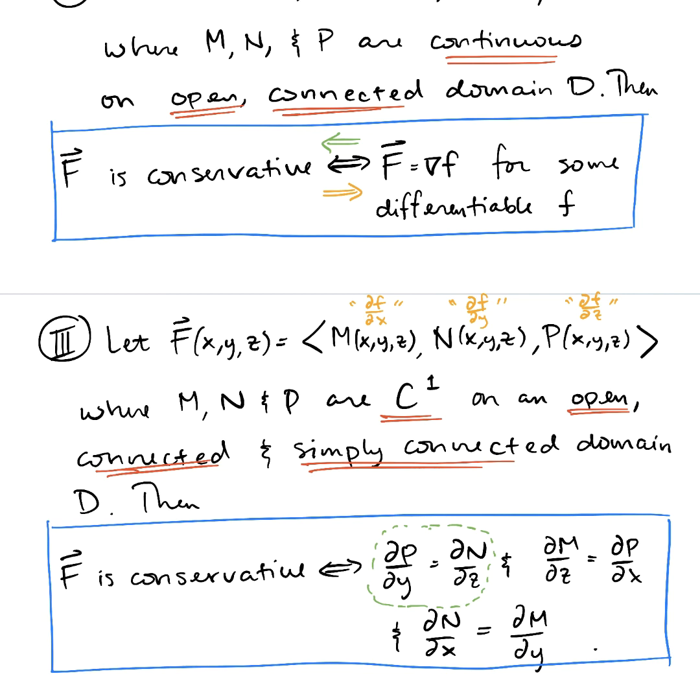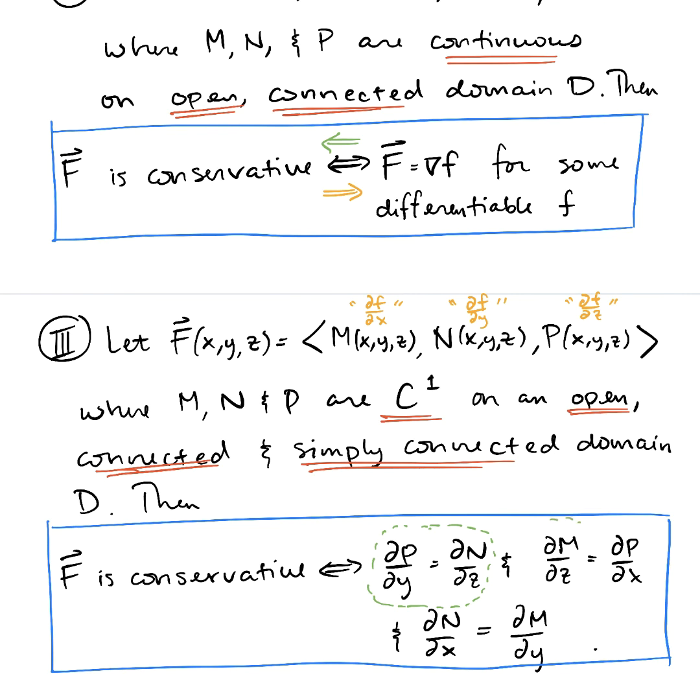If you're hoping n is already df dy, then dn dz is the mixed partial of f, dz dy. But by Clairaut's theorem, those are supposed to match. The mixed partials should match. So if p and n are already going to be a first partial, then the partials of p and n are second partials, and the second partials have to match by Clairaut all the way back in chapter 14.